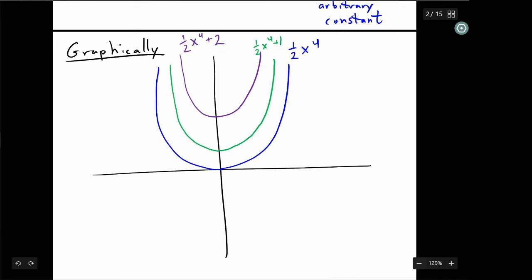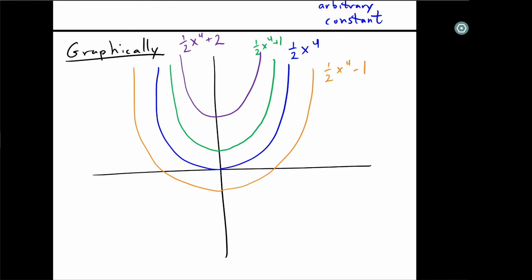And if we add negative numbers, well, that just looks like this. 1/2 x to the fourth minus 1, say. So all of these functions should look identical, but it's the same graph, just translated upward or downward.